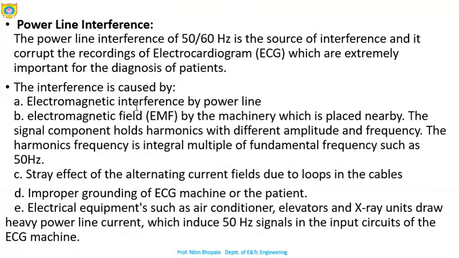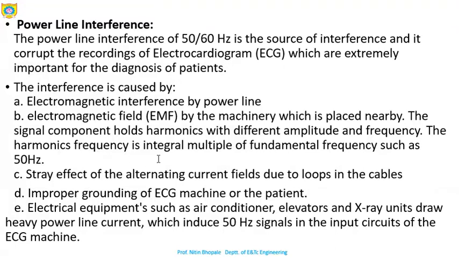This may be due to electromagnetic interference by the power line or the EMF by machinery placed nearby. Whatever machinery is placed near the patient may also cause interference to the ECG.